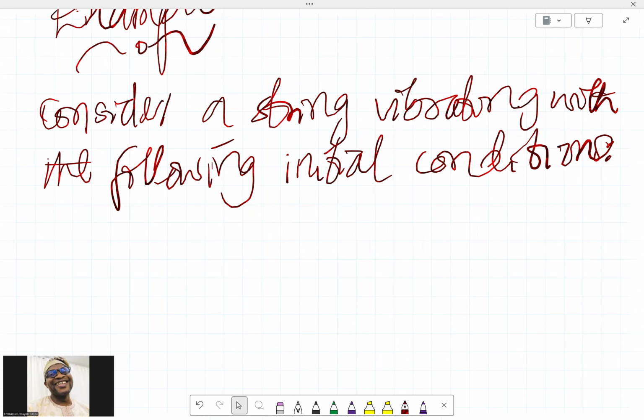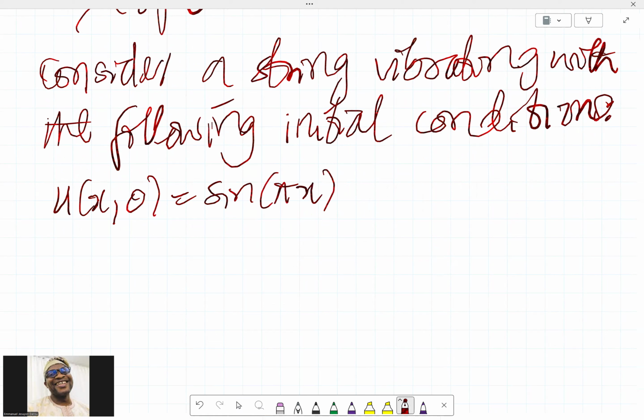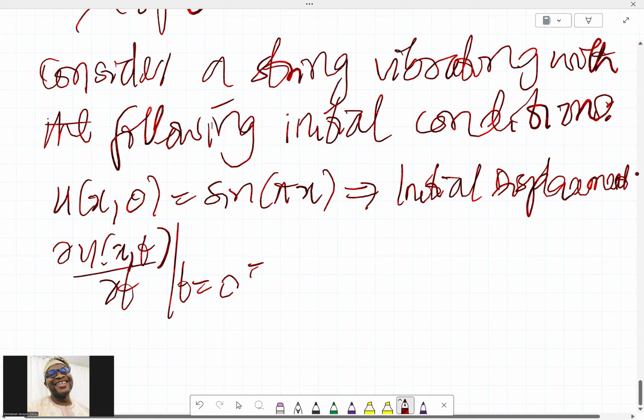First of all, we have u of x, comma 0 equals sine pi x, because that is the initial displacement. Then we have partial u of x, comma t, partial t, evaluated at t equals 0 is 0.